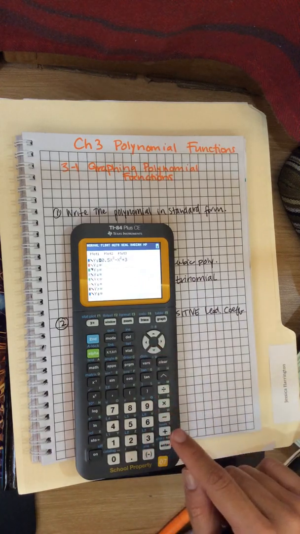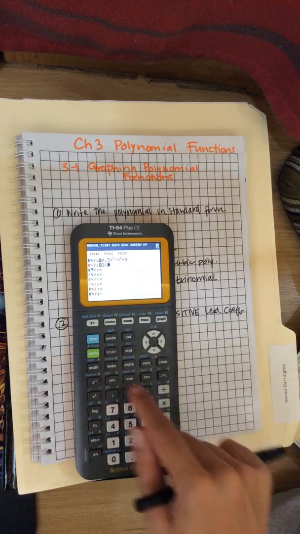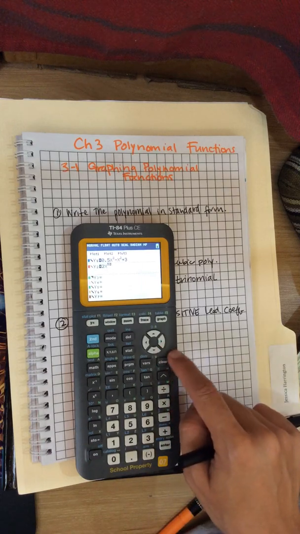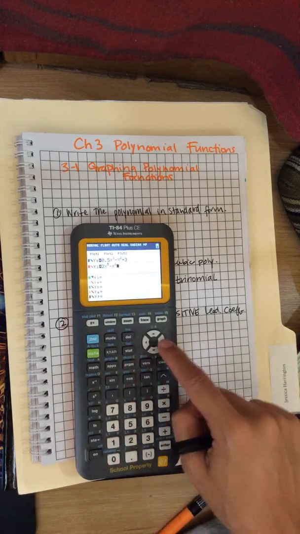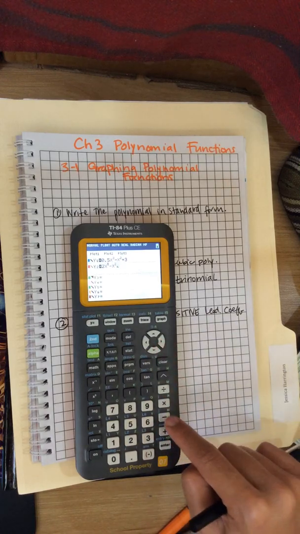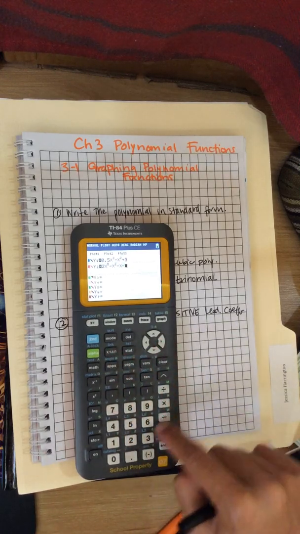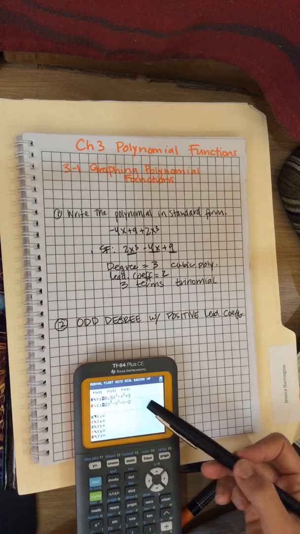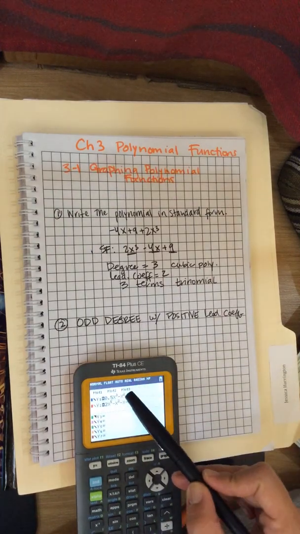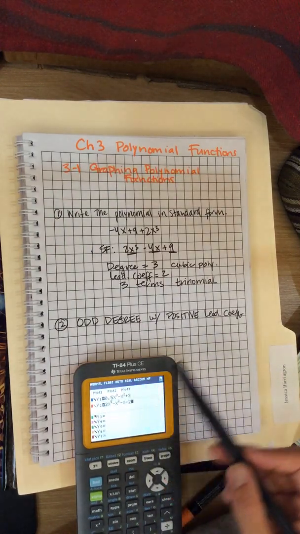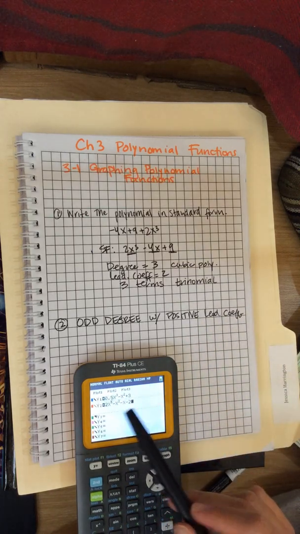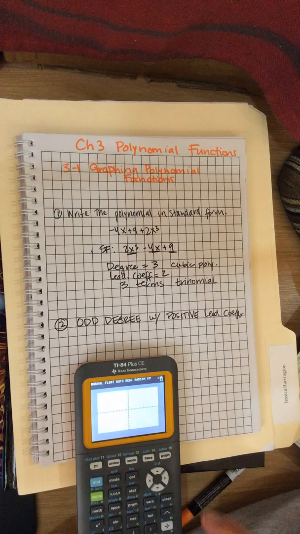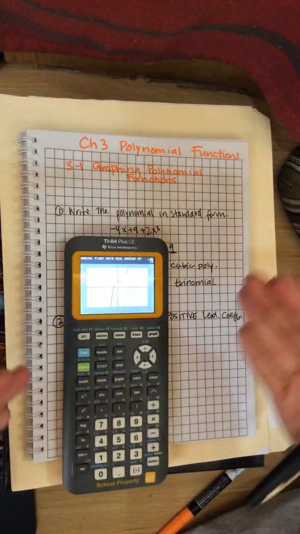They also have this as another example, 2x to the fifth minus x squared minus x minus 2. So you can see both of these polynomials have an odd degree. The first one's to the third power, the second one's to the fifth power, and they both have positive leading coefficients. The first one's positive half, and the second one's positive 2. So when I graph them, what happens to their end behaviors?